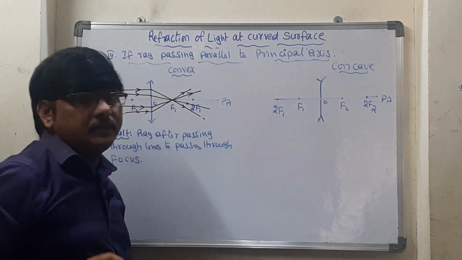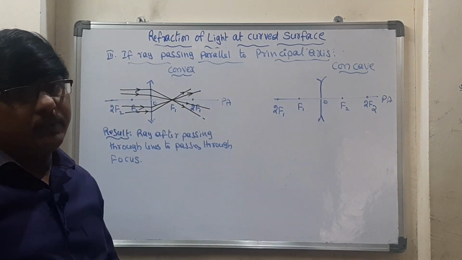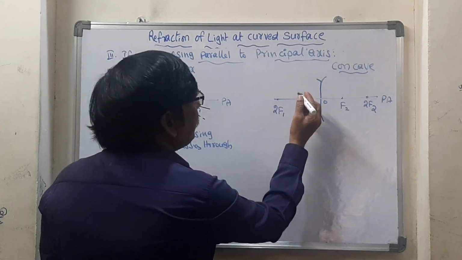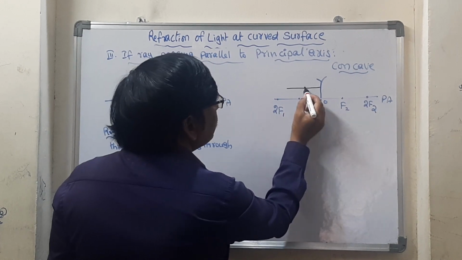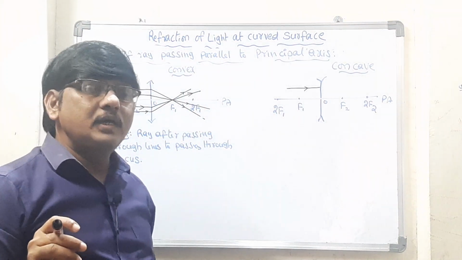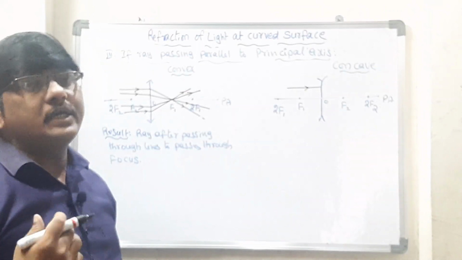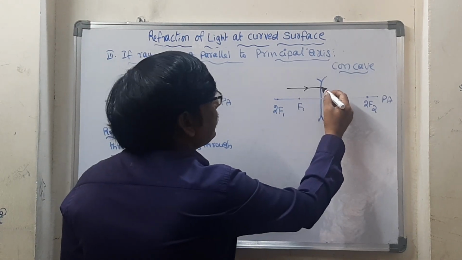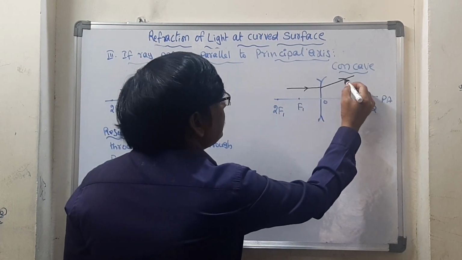Our target is a ray parallel to the principal axis. Generally, a convex lens shows converging nature, a concave lens shows diverging nature. So this ray will travel towards this side.